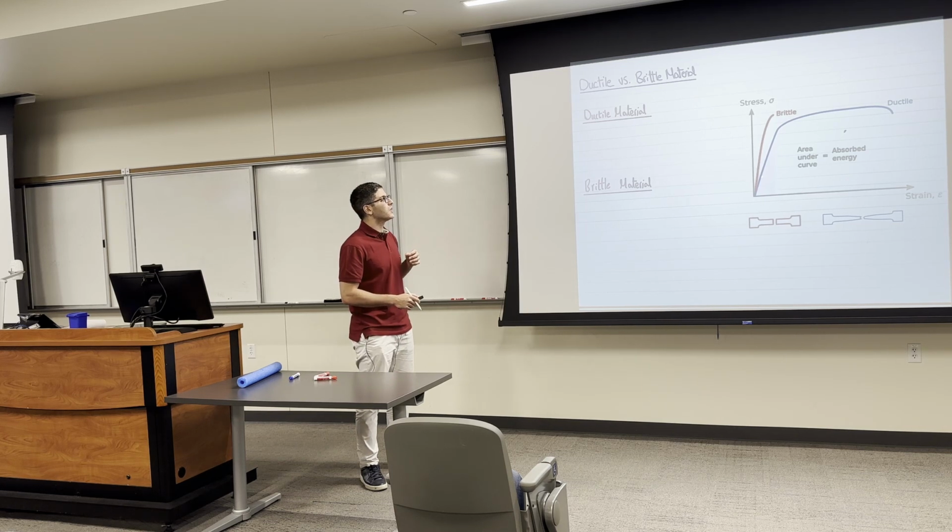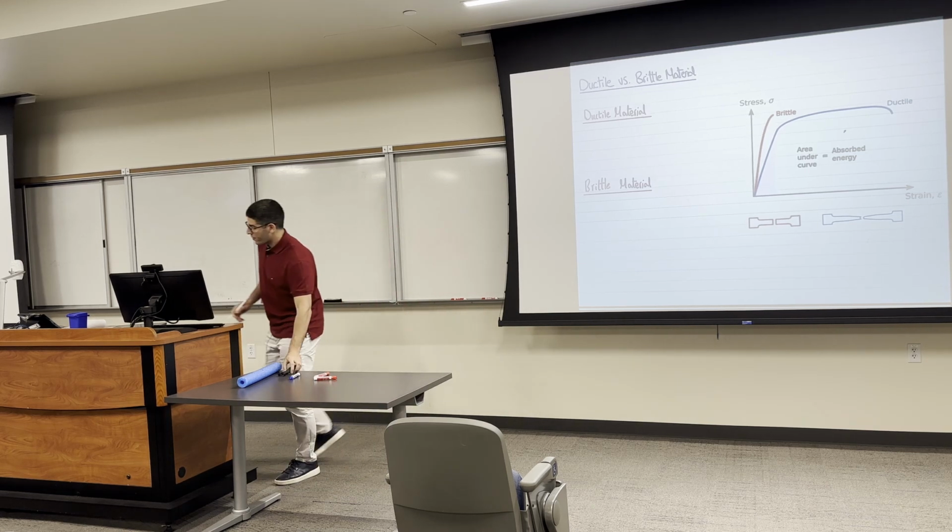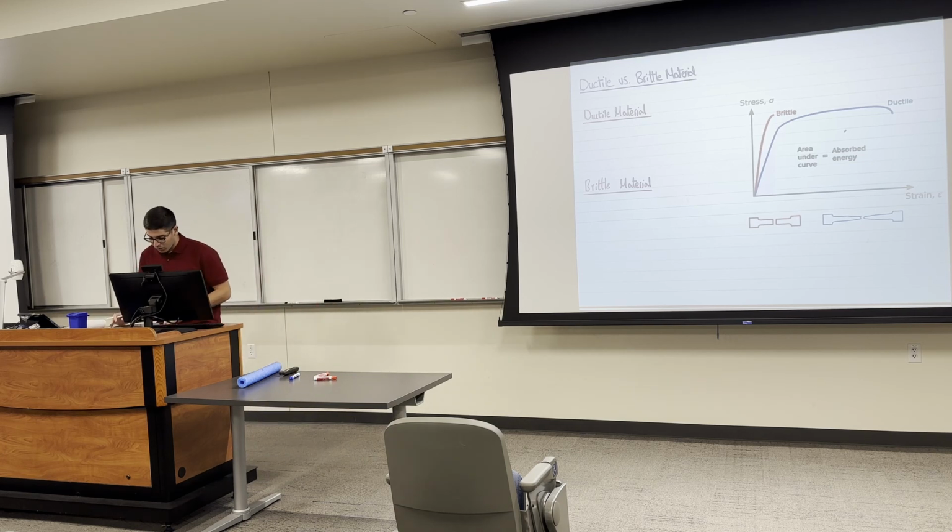But if a material, after you load it, doesn't experience any elongation, that's called brittle, it will break without any warning. So if we want to define them, materials that are able to exhibit large deformation before failing, this is what we call ductile material.